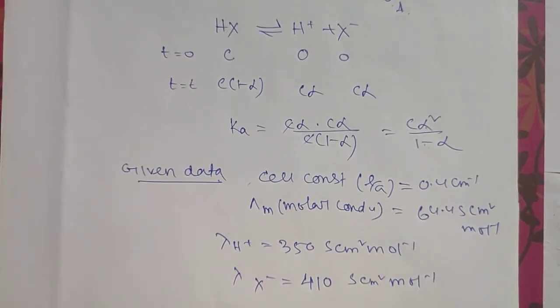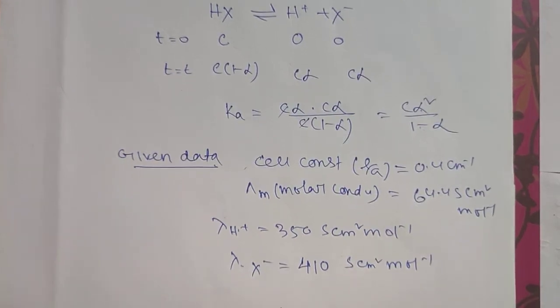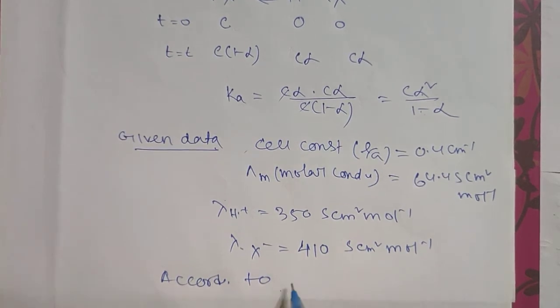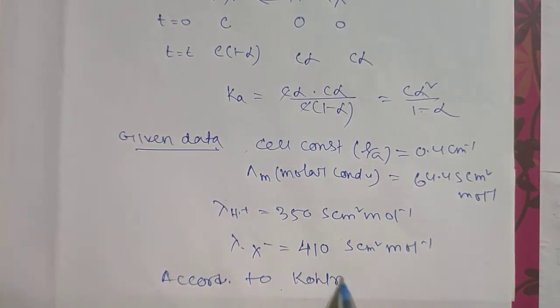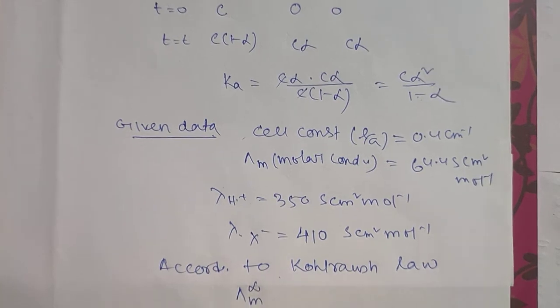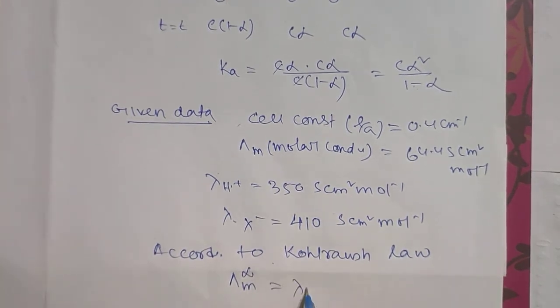So from here, according to this, this is at infinite dilution. So according to Kohlrausch's law, we can write that lambda m infinite equals lambda H plus lambda X minus.